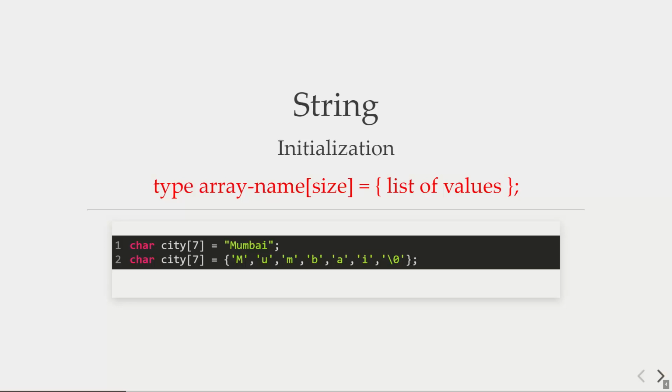If you forgot to add this terminating character, the compiler is not going to give you any errors as such, but it will produce unexpected results. So it is a very good practice to always end it with \0.